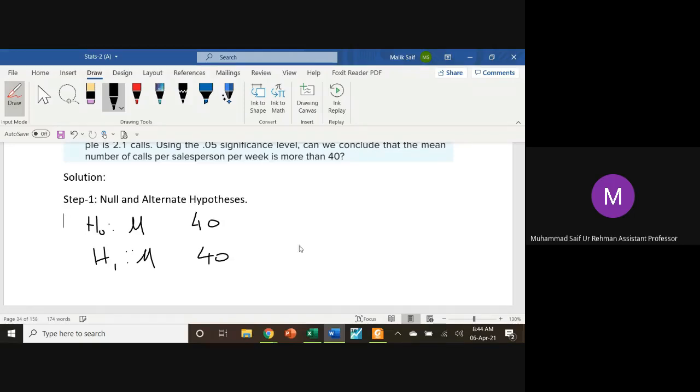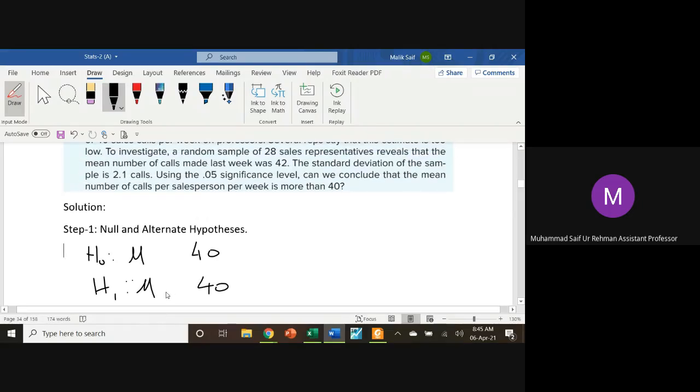Now you have to decide which sign will be there: equality sign, or less than or equal to, or more than. For that, you see the standard deviation of the sample is 2.1 calls. So this is S, which means you have to use the T statistic. Can we conclude that the mean number of calls per salesperson per week is more than 40?